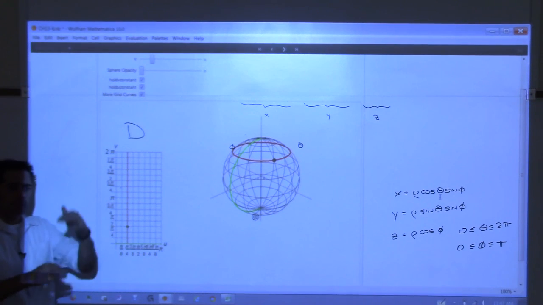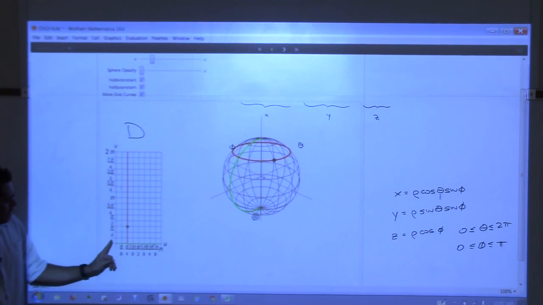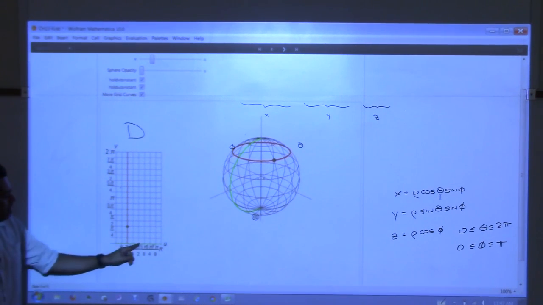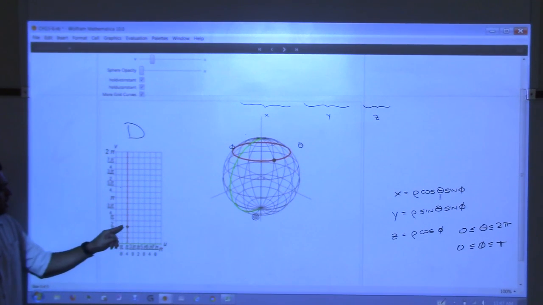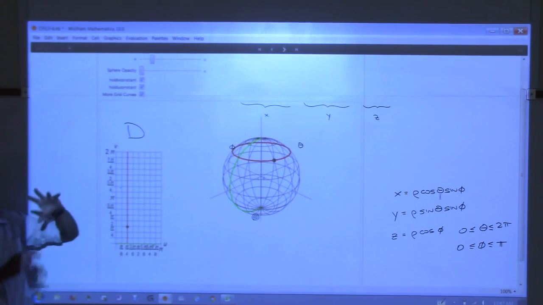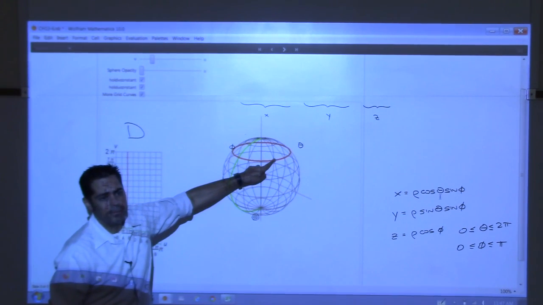U is between something, V is between something. So if I let U go between 0 to pi and I let V go between 0 and 2 pi, then if I pick some ordered pair here, some UV point, then plug that into that vector function, it should give me a three-dimensional point, shouldn't it? And here's where that point would be.